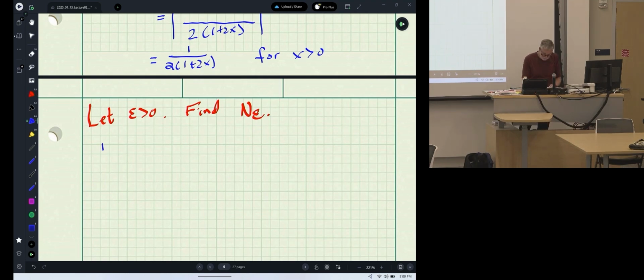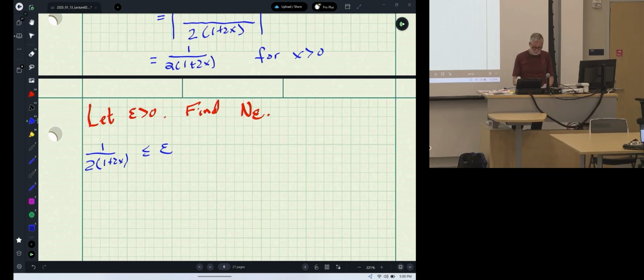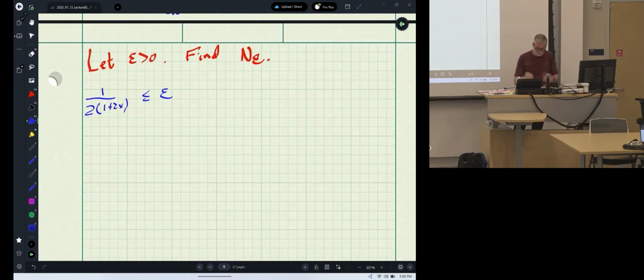We want 1 over 2 times 1 plus 2x to be less than or equal to our level of precision. We're interested in x as a function of epsilon, so let's flip both sides, and we get 2 times 1 plus 2x less than or equal to 1 over epsilon.